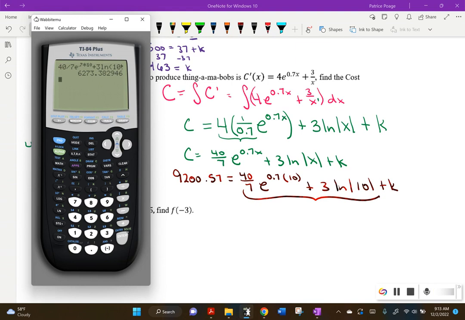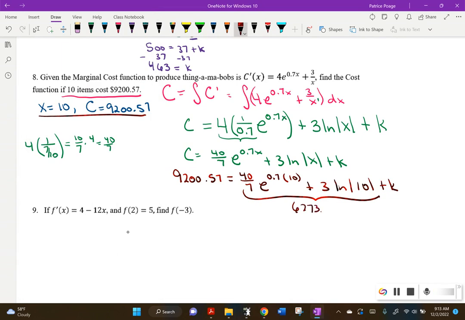And we get that crazy number, 6273.3829. Okay, so I'm going to subtract that crazy number from both sides. So it's gone over here.